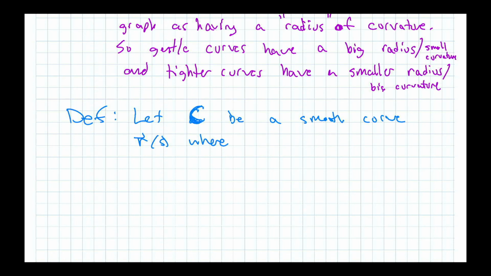Okay, so let C be a smooth curve given by r of s, where s is the arc length parameter. We define the curvature.